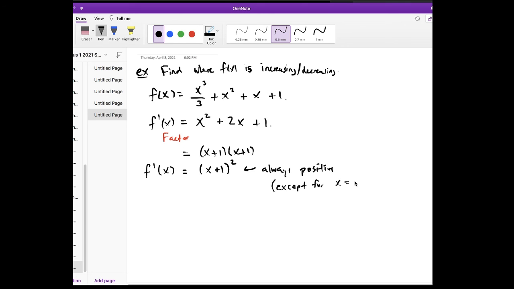What value makes it 0? -1, yeah. Okay, so it's increasing everywhere.